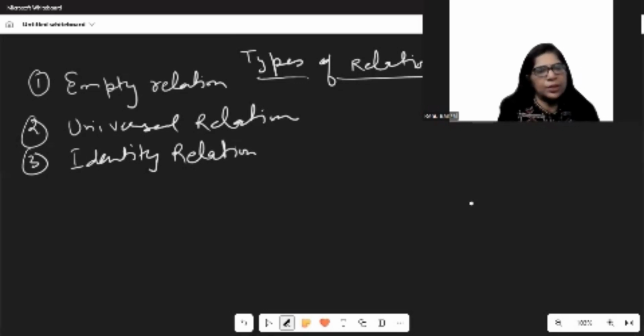Then three more relations, that is reflexive, symmetric, and transitive. We'll also talk about those three. That means altogether six relations we'll talk about. So first type, empty relation.